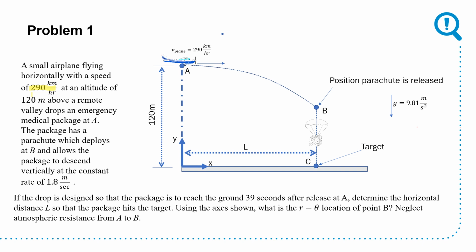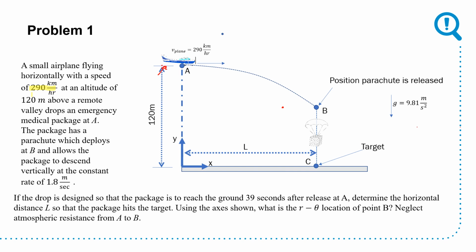At an altitude of 120 meters above a remote valley, it drops an emergency medical package at point A. Point A is shown right here. The package has a parachute which deploys at point B and allows the package to descend vertically at a constant rate of 1.8 meters per second.